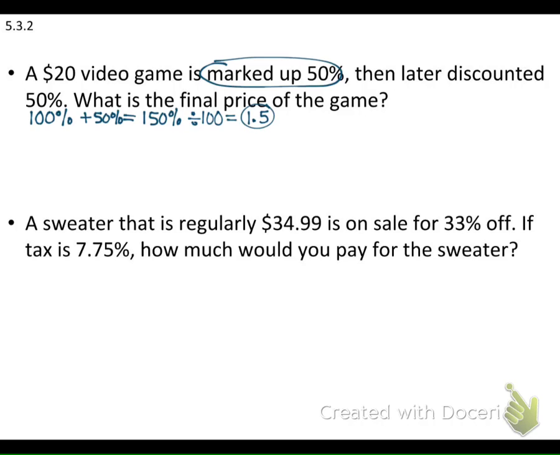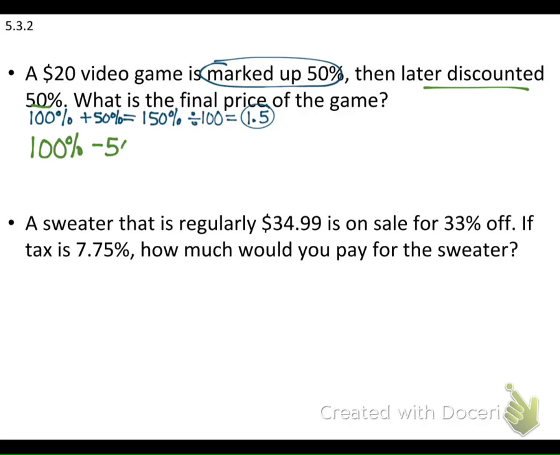So now I need to find my next one. So after they mark it up and it's not selling because it's too expensive, they go through and they discount it 50%. So again, I start at step 1. So if I start at step 1, I start at 100%. If it's discounted, it's add or subtract.